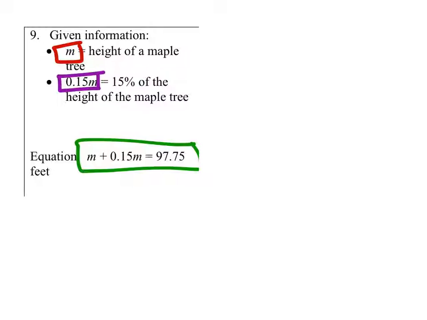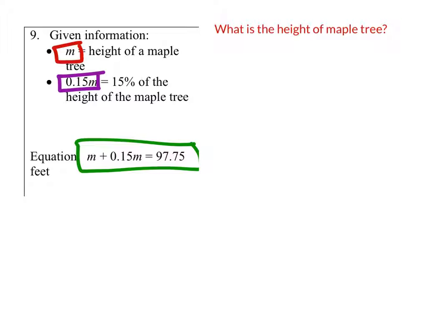Let's go ahead and plug one in. Starting with M, which is the height of the maple tree. So that would be the question because M is incorporated into the equation and the 15% stuff. What is the height of the maple tree? Very good. Question mark. Bam.